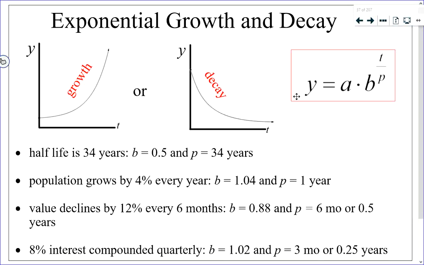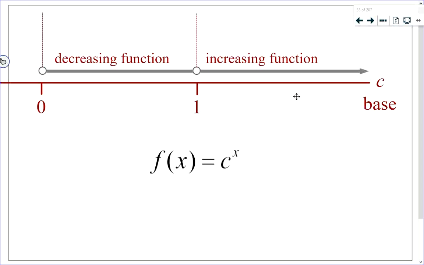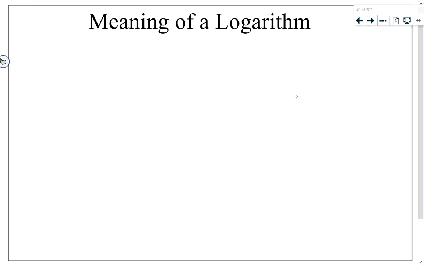Interest is earned at 1 year, 1.25, 1.5, 1.75, 2. So you're always rounding up to the next compounding period. When we take a look at this graphic in your notes in the unit handout, we can now say that if it's a decreasing function, that's exponential decay, and if it's increasing, that's exponential growth.